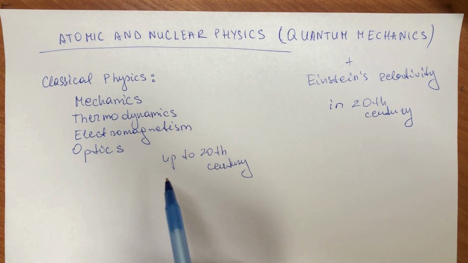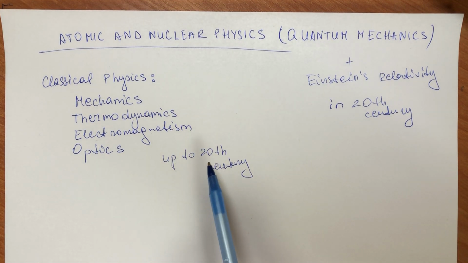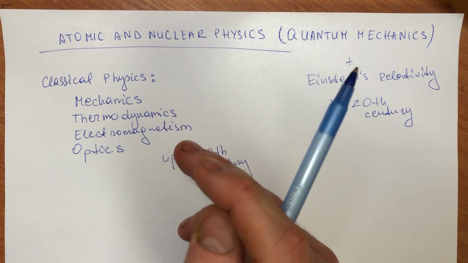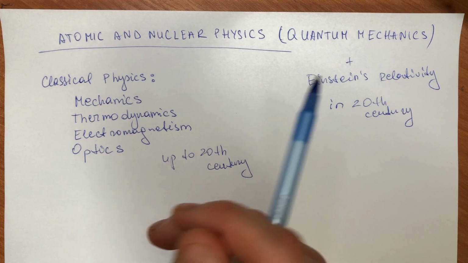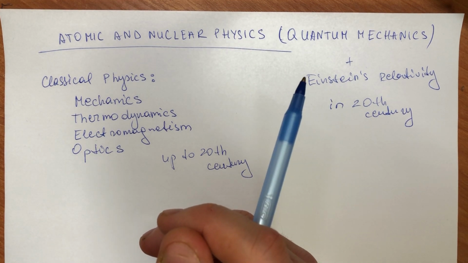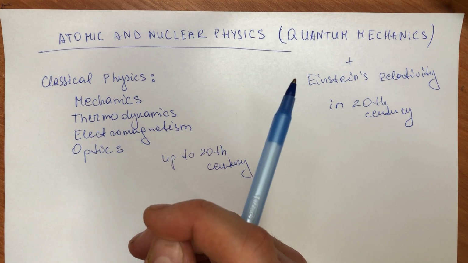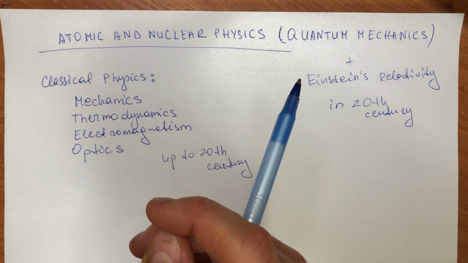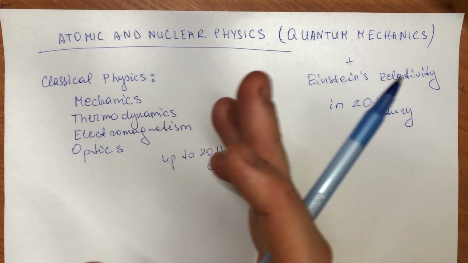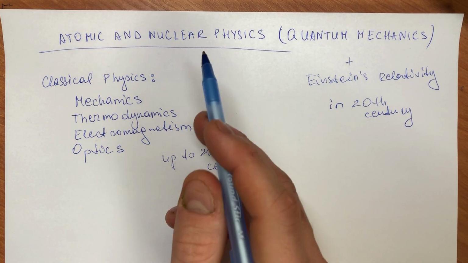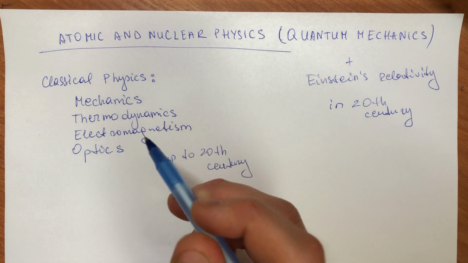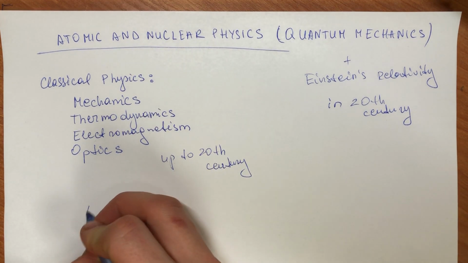The general idea was that in the end of the 19th century, the beginning of the 20th century, all the laws of physics were understood, and everything seemed clear. But then scientists tried to explain atomic phenomena, atoms.